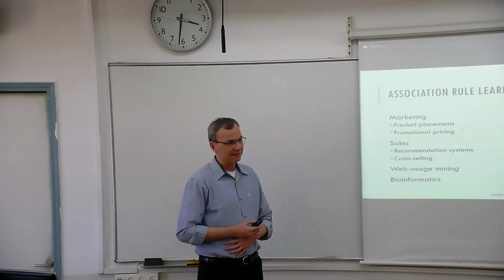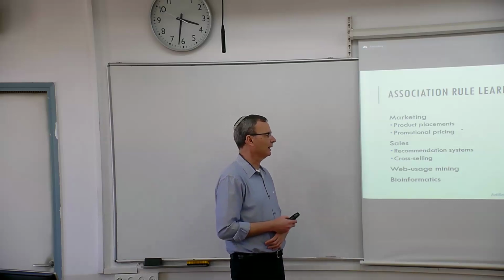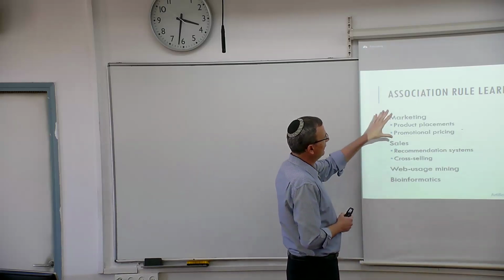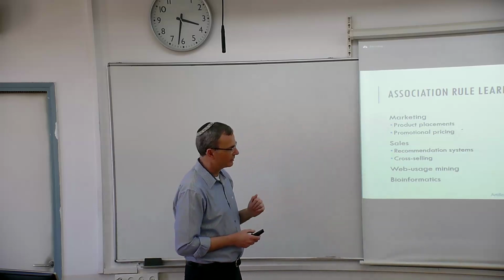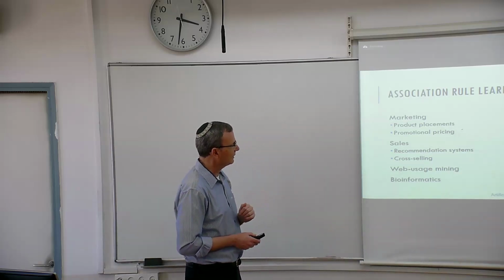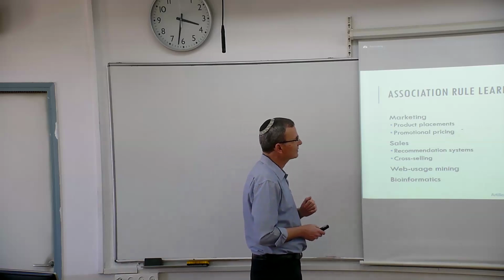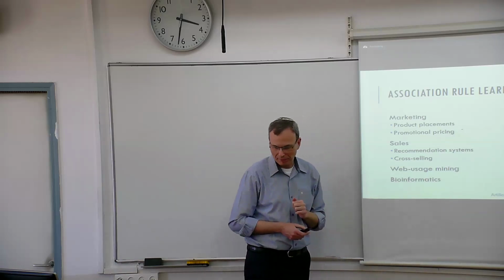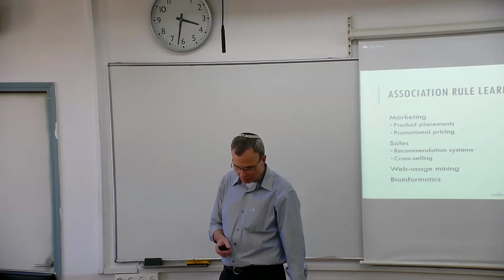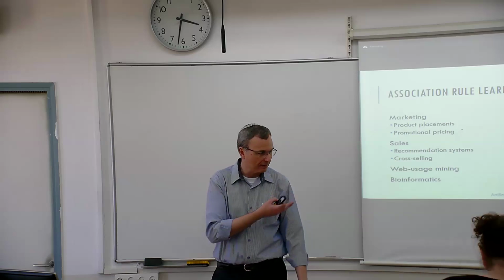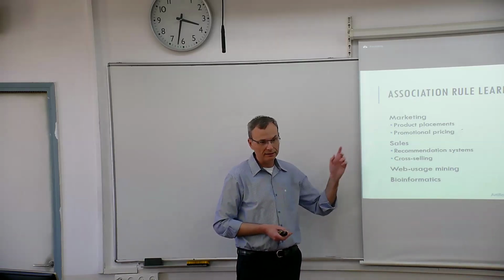But it is implemented in several areas in marketing, and I have mentioned several times until now placement of products and also promotional pricing. People are using these methods. Recommendation systems, what people are buying together. Sometimes people are using this method.